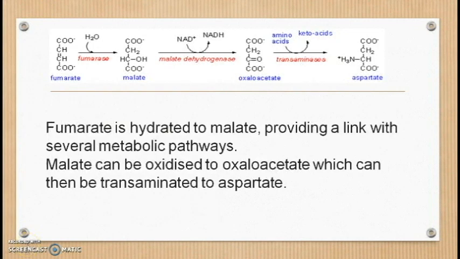The fumarate that is produced is hydrated to malate, providing a link with several metabolic pathways. For example, the malate can get oxidized to oxaloacetate, which can be used for gluconeogenesis. Alternatively, the process can continue with conversion of oxaloacetate to aspartate via transamination, and the aspartate can re-enter the urea cycle.